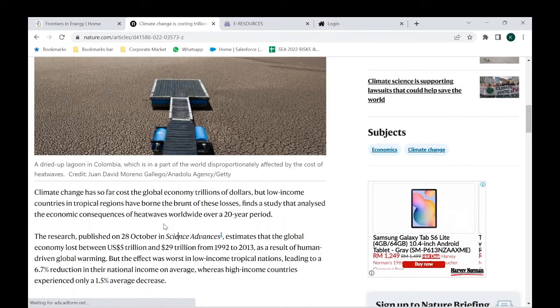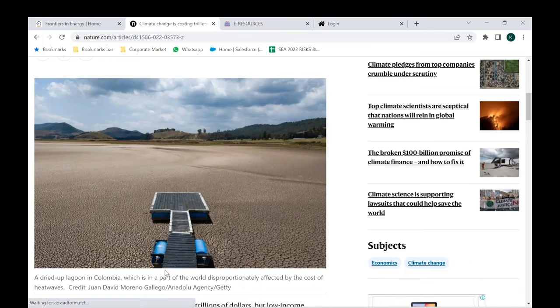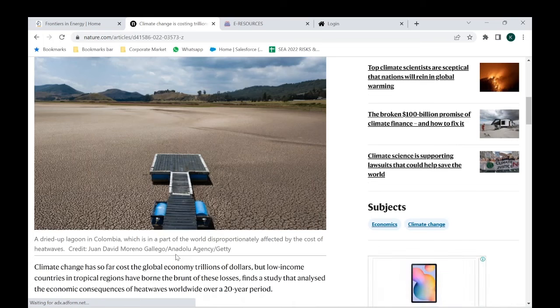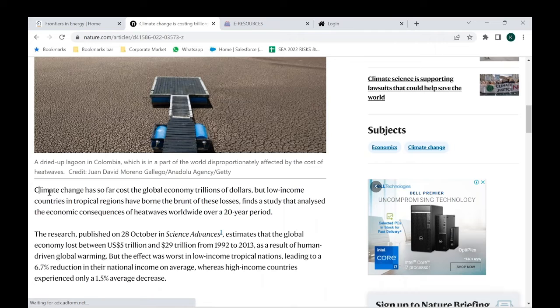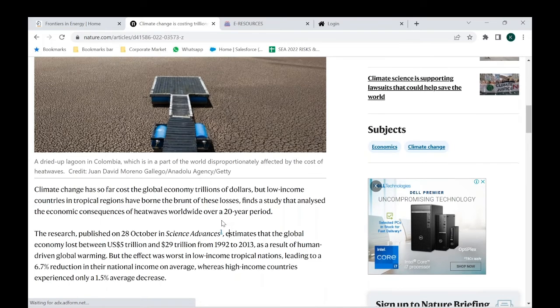So, for example, when the Higgs boson particle was discovered, when the latest rovers landed on the surface of Mars, when we talk about the discovery of COVID-19, all of these things.